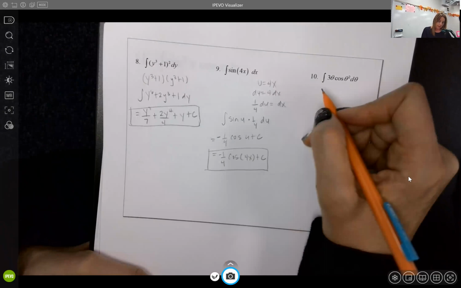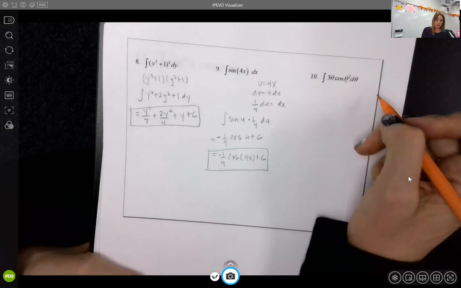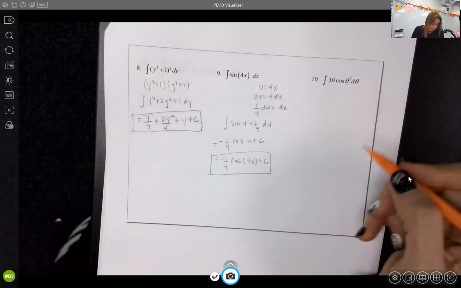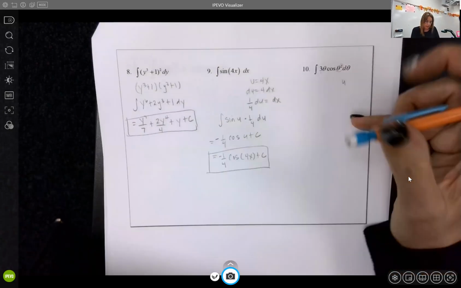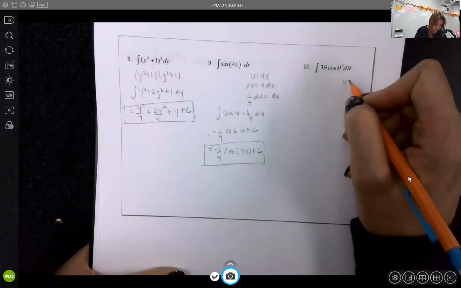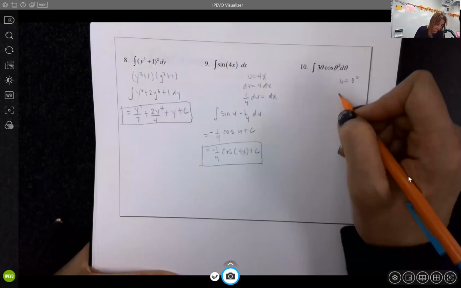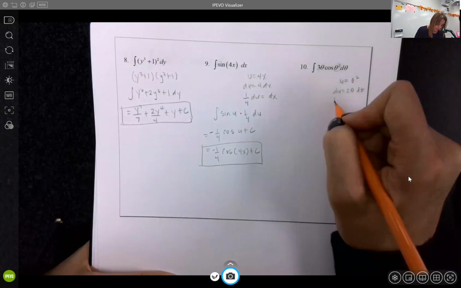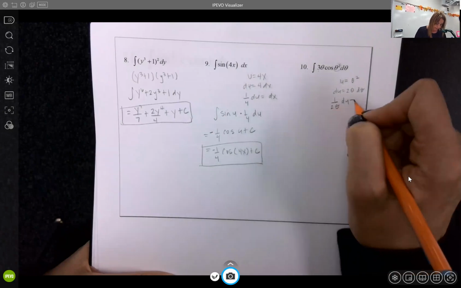3 theta times the cosine of theta squared. If this was my baby, theta squared, the derivative of that is 2 theta. That's probably going to cancel out this theta, right? So let's say u is just theta squared. Okay, so du is 2 theta d theta, and 1 over 2 theta du equals d theta.